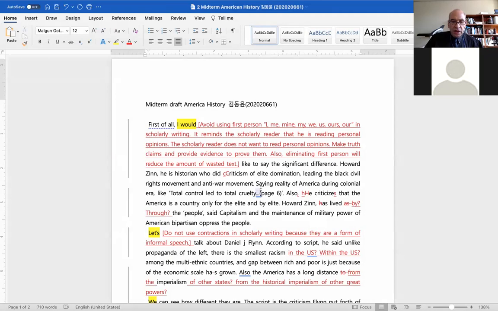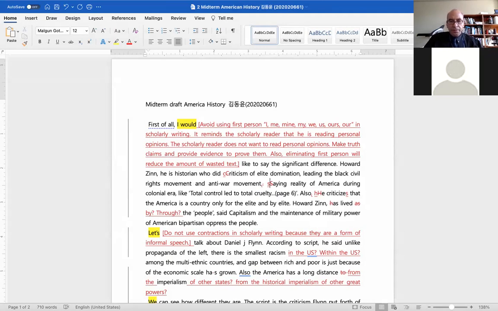Also, I guess that's a sentence fragment, because it's not really a full sentence. So let's put this sentence into this sentence, and so Zinn writes that on page 6 of the book.